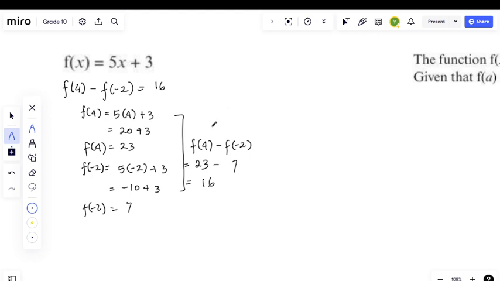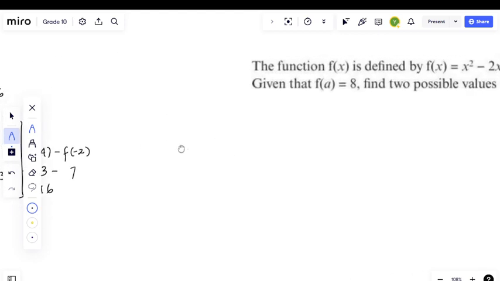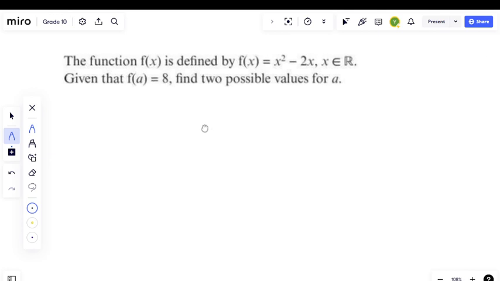Ya, this is easy. Ini gampang. Yang berikutnya adalah ini. The function f(x). Nah, this type of questions that confusing a lot.